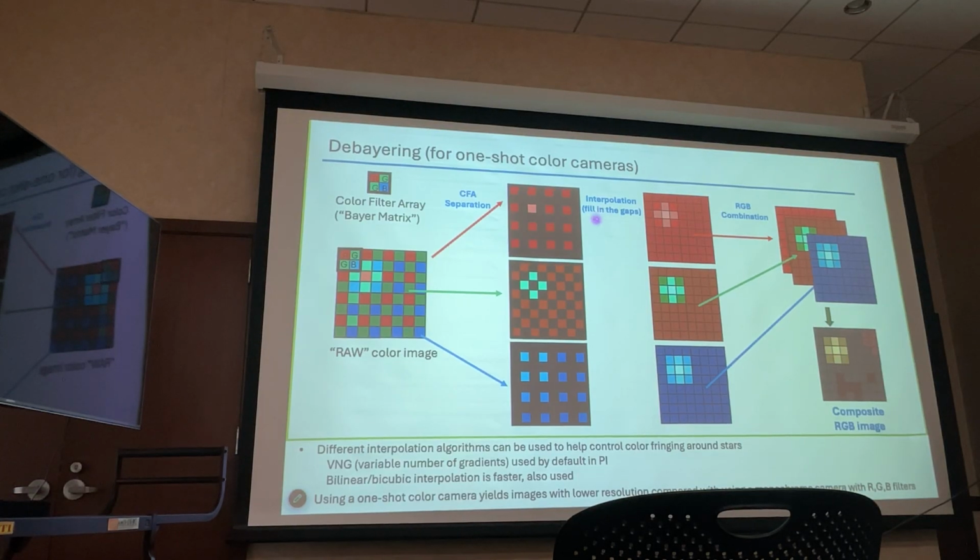But in any case, this is the so-called debayering process. We separate this into 3 separate color frames. We interpolate the regions in between, and then we essentially stack them on top of one another to make a composite RGB image. I'm not going to talk about color images in any more than that, but this is an important step. And if you forget to do this, you're going to end up with really weird images.